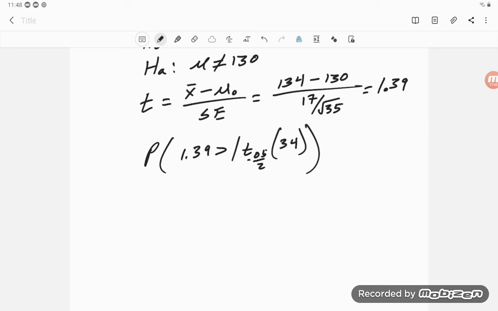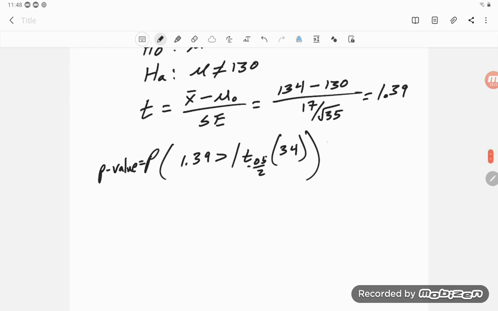They tell us, now they used a Z instead of a T. And so when they did it, they got an answer of 2 times 0.08, or about 0.16. So I'm going to write p-value here equals, and we should get a number of about 0.16.